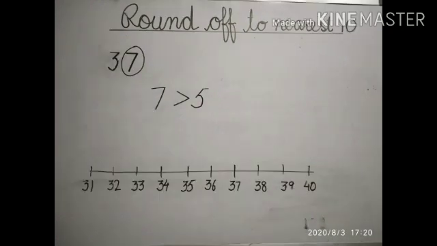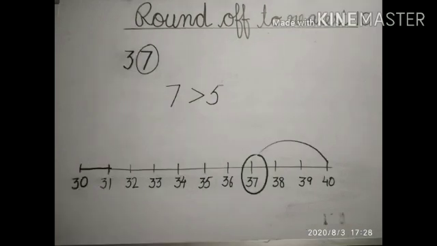Again, I will explain it with the help of a number line. Here, 37 lies between 35 and 40, and it is closer to 40 than 30. So, we will round it off to 40. Understand? We will round it up to 40.